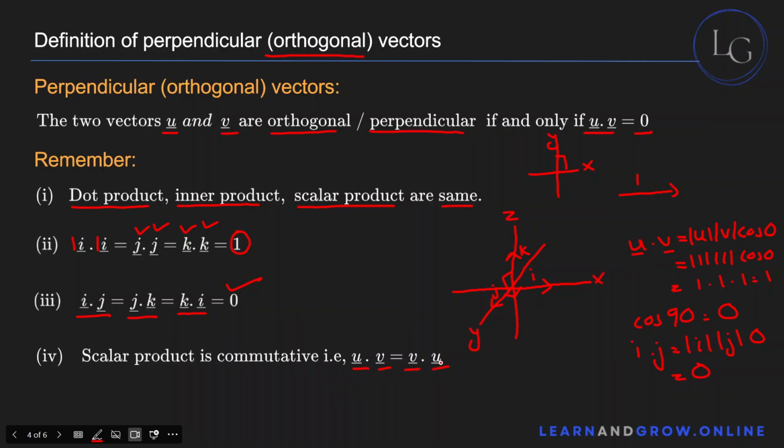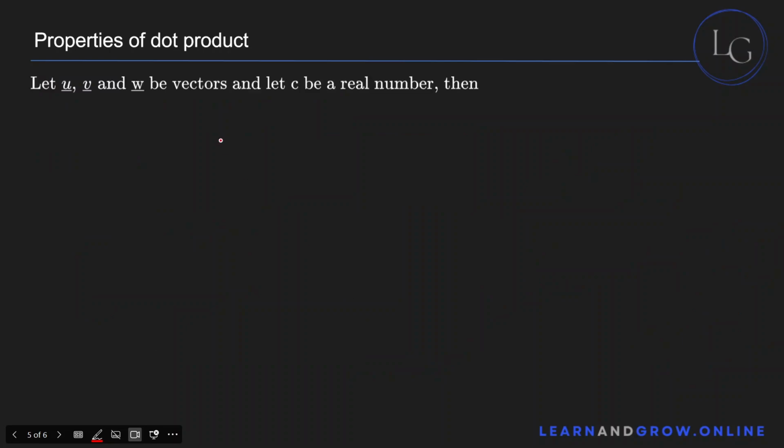We've discussed this earlier. Now, the properties of a dot product. We let u, v, and w be vectors, and let c be a real number or a scalar quantity. So u dot v is equal to 0 if the vector u is equal to 0 and the vector v is equal to 0.